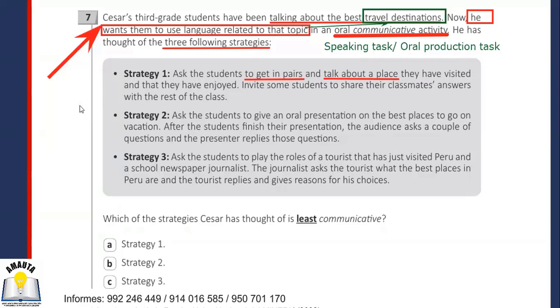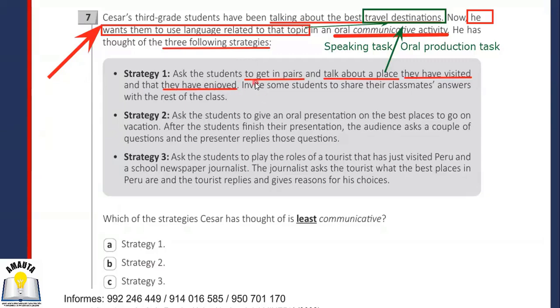It is connected with the topic, travel destination. The students have visited. So it is related to his students' experiences, places students have visited and that they have enjoyed.